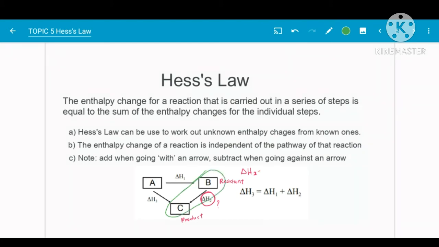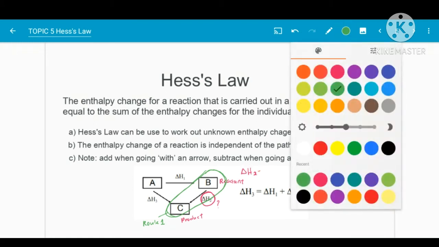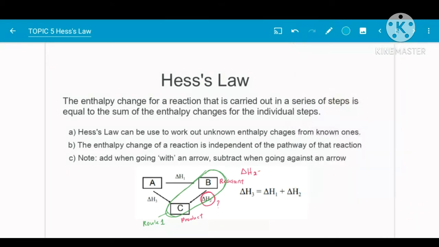Remember that route 1, route 2, or route 3 depends on what type of enthalpy change we want to calculate. Remember that it must start from the same reactant and end with the same product. So this is the second route.